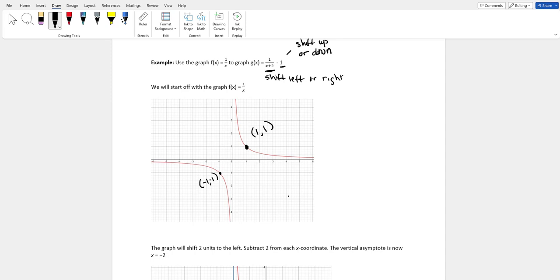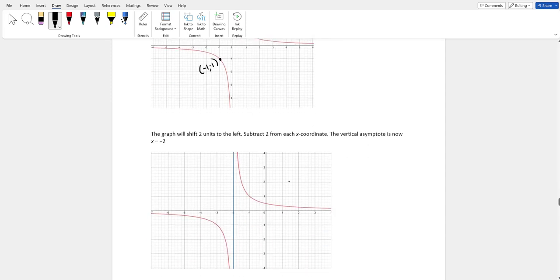I know it's confusing because when you see a plus, you probably think you want to shift to the right. But when you're doing horizontal, a plus means shift to the left, a minus means shift to the right. So in this case, we're going to shift 2 units to the left.